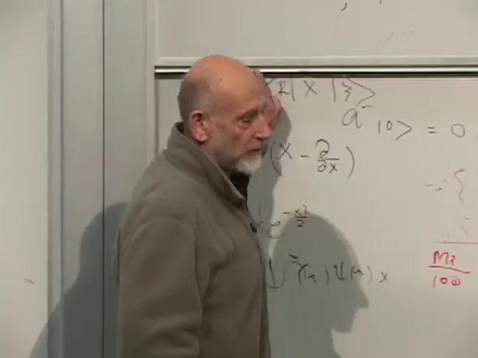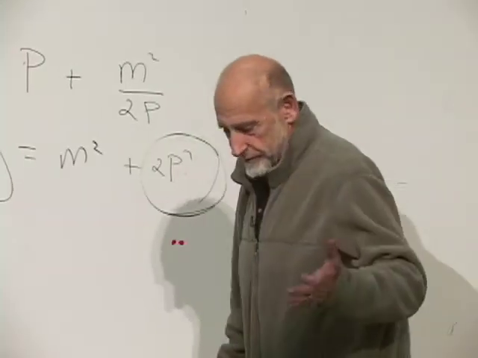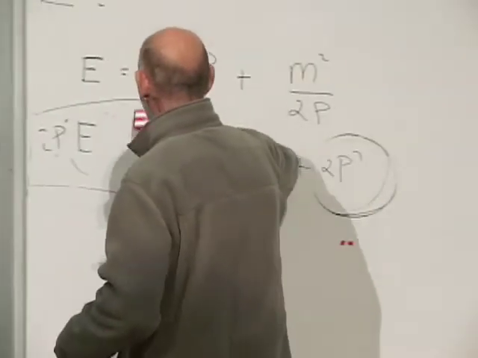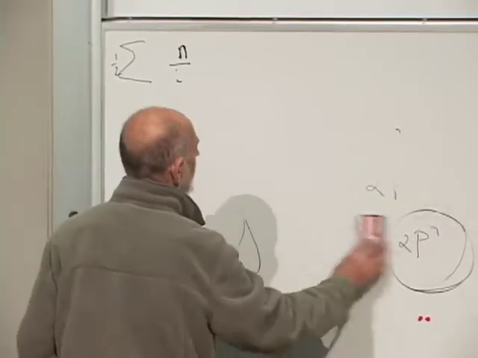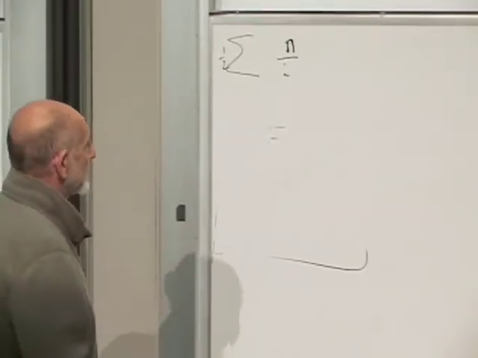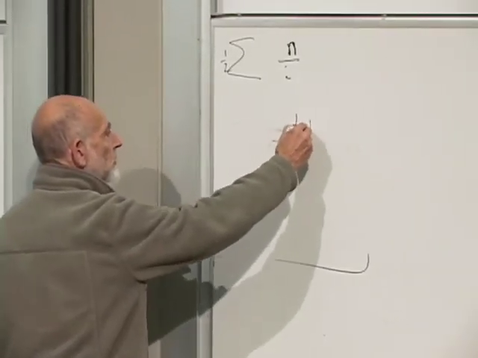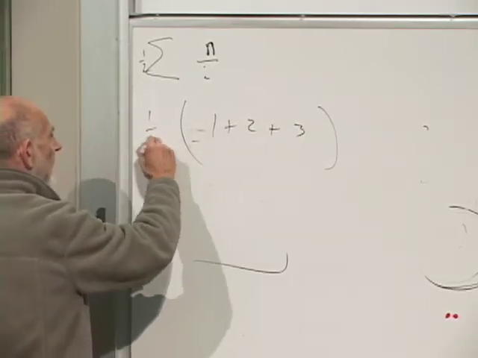Let me show you the mathematics, and we can then discuss another time the physics. The mathematics is tricky, but easy. The mathematics is just a question of adding up 1 plus 2 plus 3 plus 4. It's just a sum here. Okay? 1 plus 2 plus 3 plus 4. There's an overall factor of a half outside.